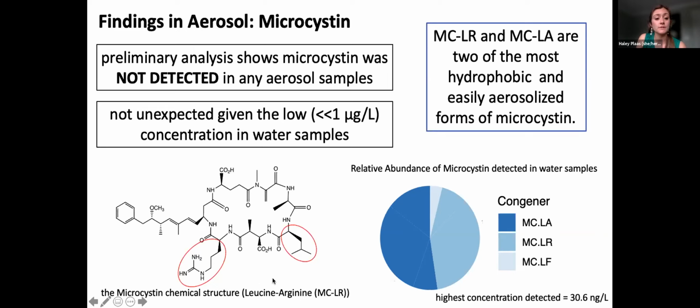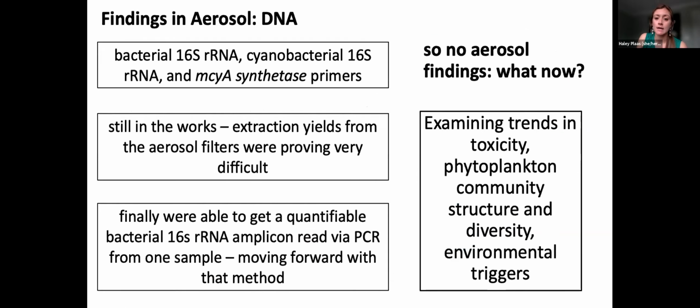So these forms are actually much more likely to be enriched in aerosol due to their hydrophobicity compared to some other more benign congeners of microcystin. And so although our toxin production was low for the summer, there was still quite a bit of cyanobacteria bloom activity, even though it wasn't Microcystis, that strain that's really associated with the heavy microcystin production. So we're still analyzing our DNA and aerosol with collaborators at NC State.